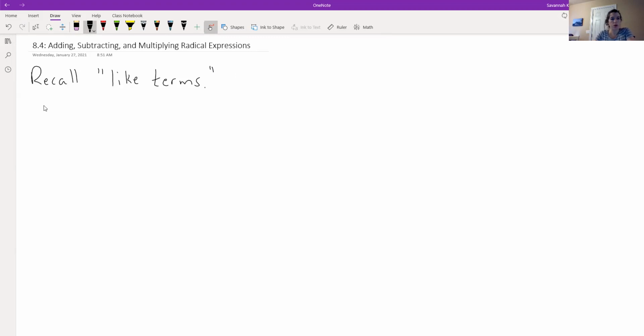So, for example, 2x and negative 7/4 x, I'm going to make it look kind of really funky here, are like terms. So what that means is we can add or subtract them.